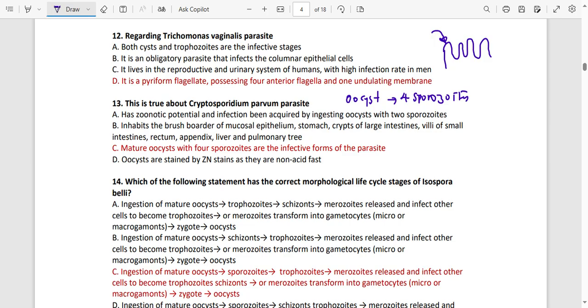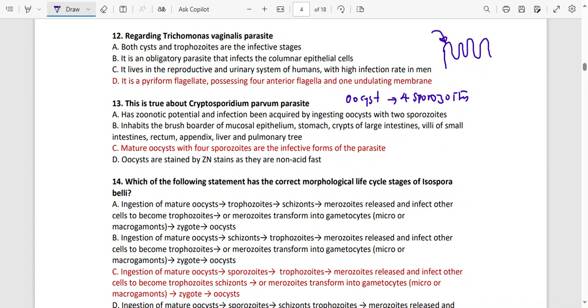Man is usually the suitable host, one host. That's the monoxenous. But it can act as a reservoir. It can be found in some other animals acting as a reservoir. Even man itself can be a reservoir, cats and dogs, even cattle.